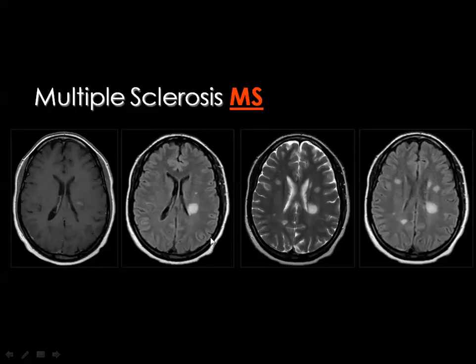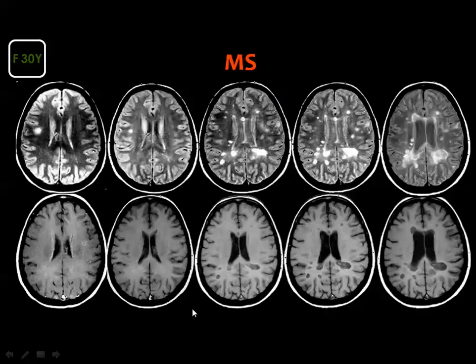You can see here multiple periventricular foci of abnormal high signal in the T2 and the FLAIR weighted images deeply seated in the periventricular area, and there is some enhancement in the larger lesion in the left deep parietal region. And this is a case of MS in a female patient 30 years old with extensive MS plaques that are deep in the periventricular white matter, perpendicular to the ventricular wall.